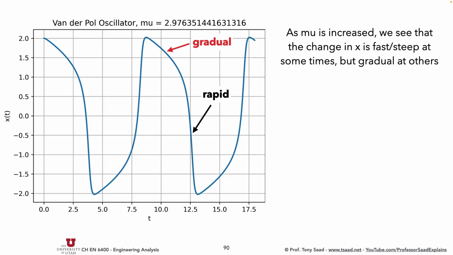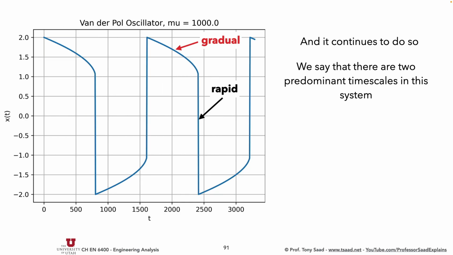And as you push mu even further, that becomes more prominent, where you have a very slow change. Look at this change over here. It's happening over almost 1,000 seconds. You're moving very gradually over 1,000 seconds, but then you drop within, guess what this number is going to be, I'll show you, within a second, even less than a second.